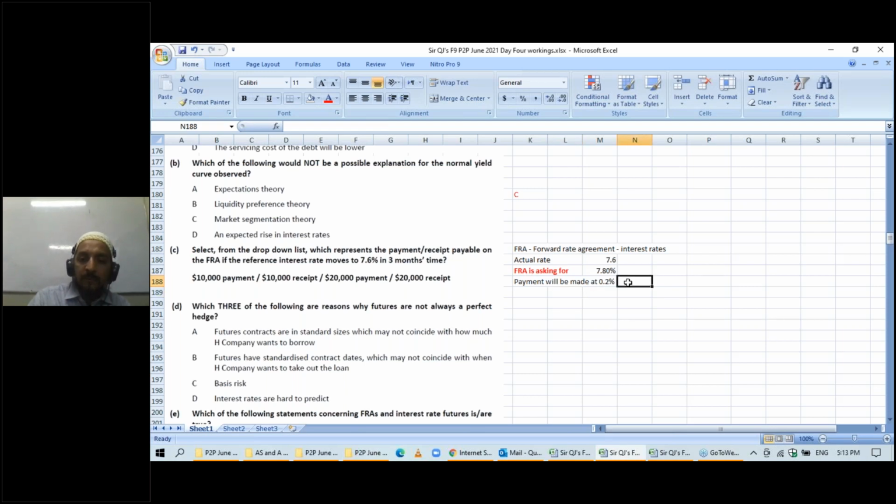So the amount to be paid will be 0.2% multiplied by 10 million multiplied by 6 divided by 12, because the borrowing was for 6 months. So the cost will be for 6 months. 3v9 means the borrowing was for 6 months.